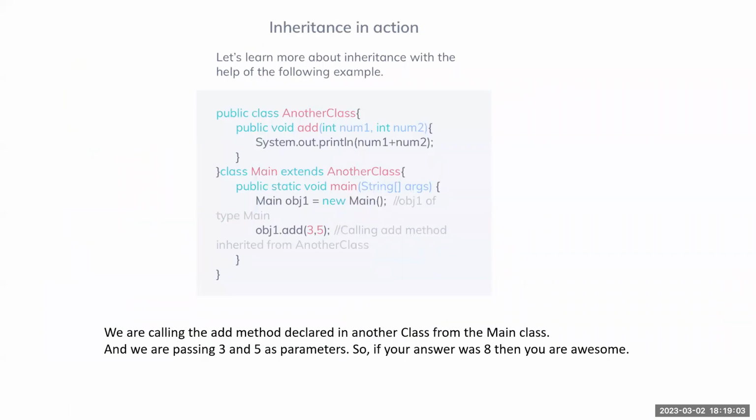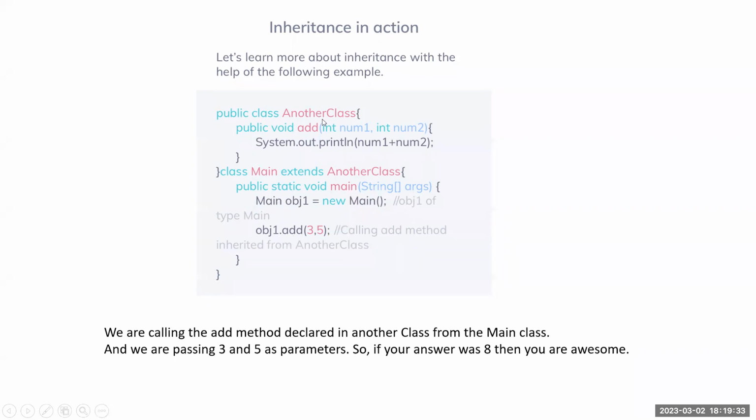This is a very simple example which I wanted to show. There is a public class, another class, which has one method, and there is one more class which you declared as main, which extends that other class. You create your main object, and with that main object you call the add method.